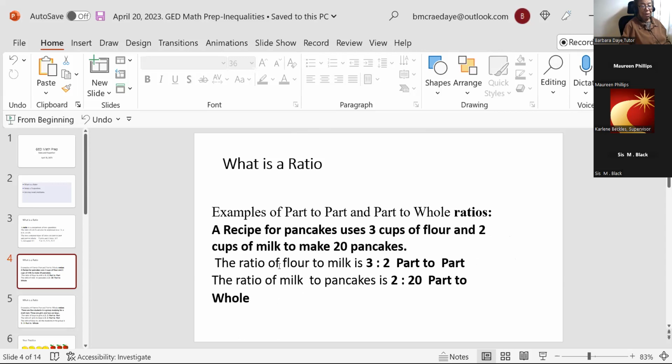If I had said milk to flour, it would be 2 to 3. That's not the same as 3 to 2. If I said flour to pancakes, it would be 3 to 20, not 2 to 20. Got it?